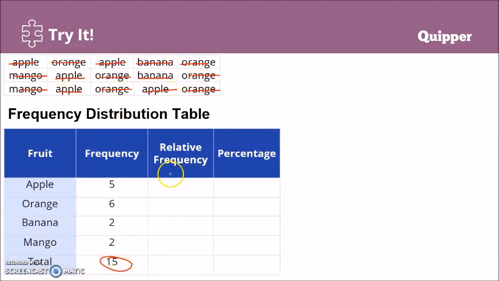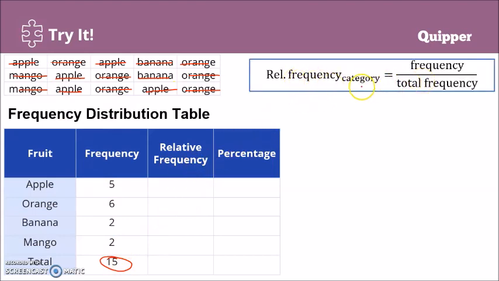That's 15. Ang relative frequency naman, take note that the formula for relative frequency per category is equal to the frequency of that category, which in the case of apple is 5, divided by the total frequency, which is 15. So, yung apple would be 5 divided by 15. So, pag nag-divide tayo, 5 divided by 15, hindi pwede, so 50, we have here decimal point.